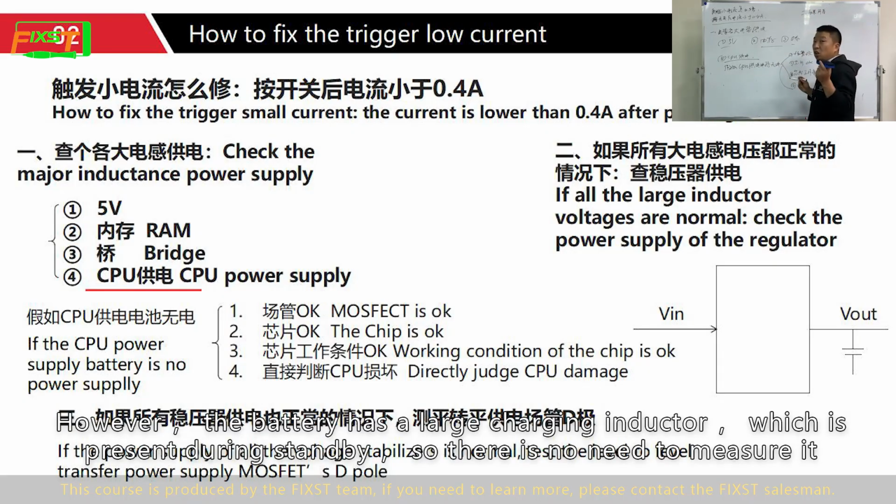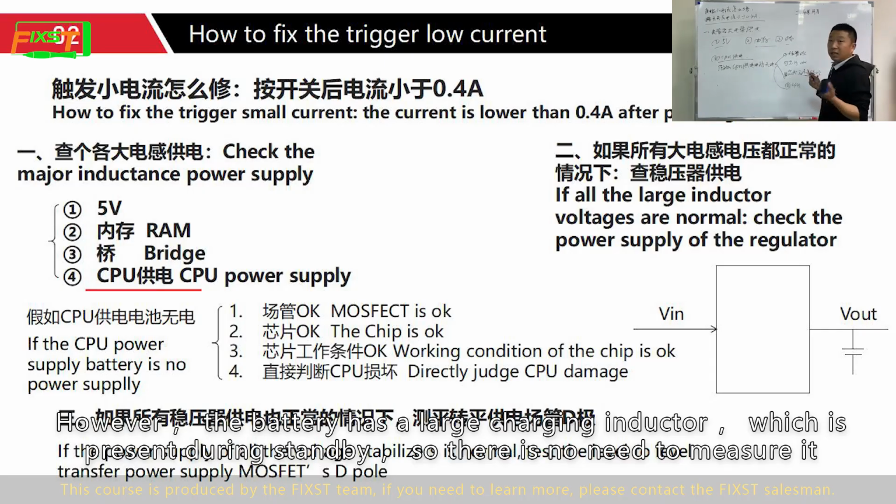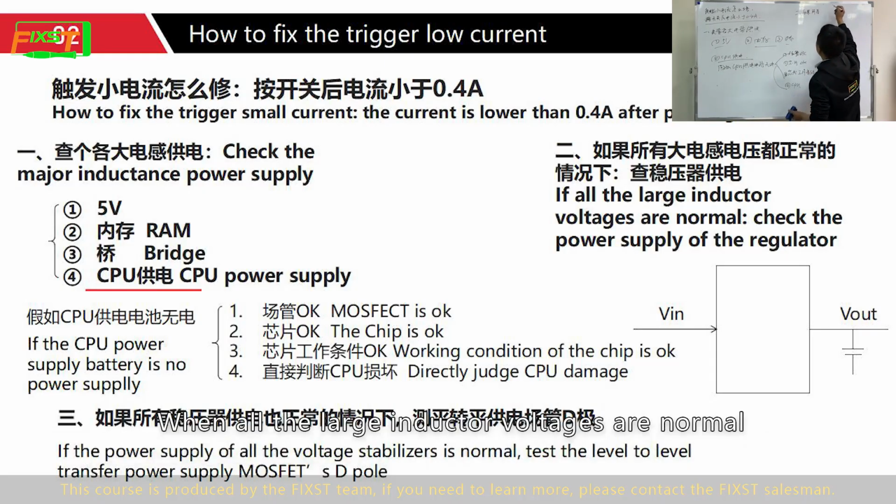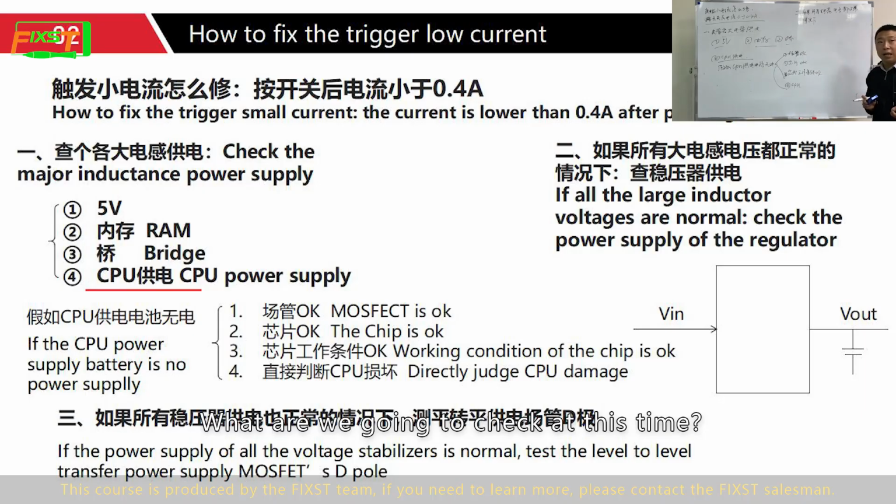However, the battery has a large charging inductor, which is present during standby, so there is no need to measure it, when all the large inductor voltages are normal. What are we going to check at this time?